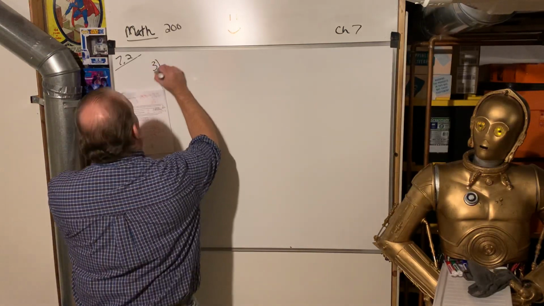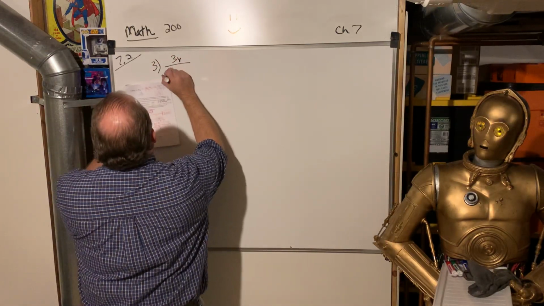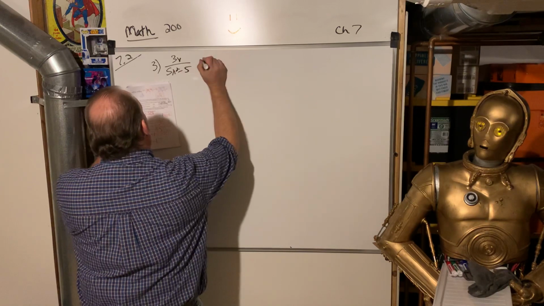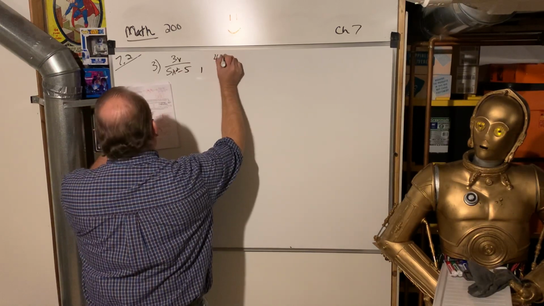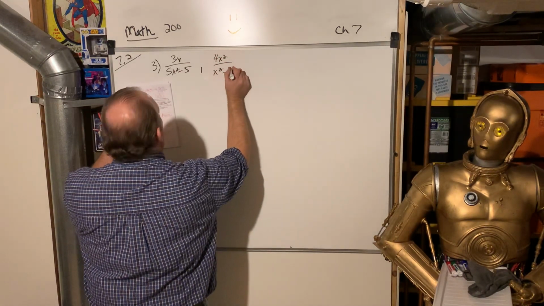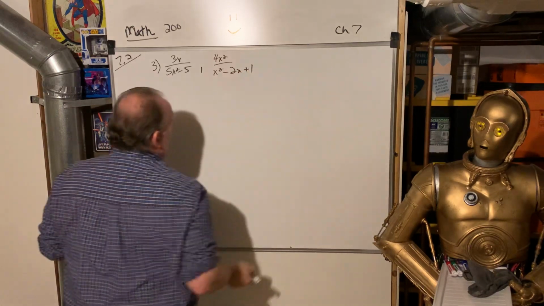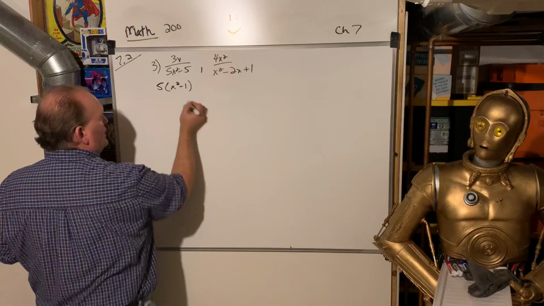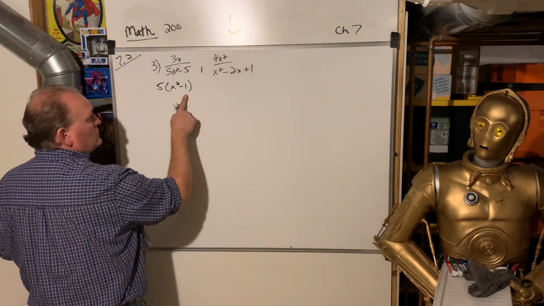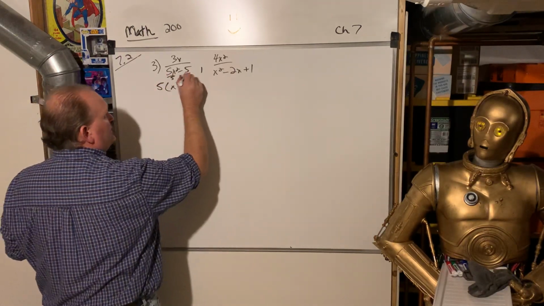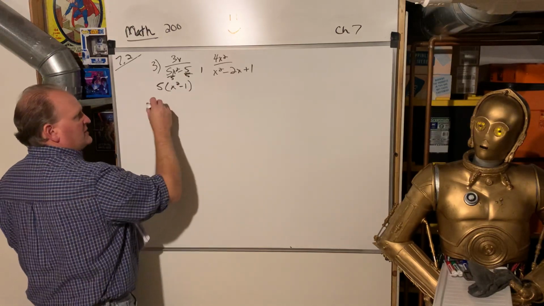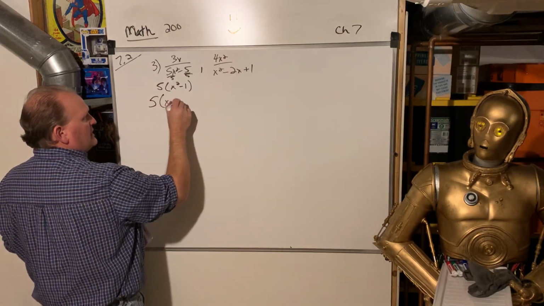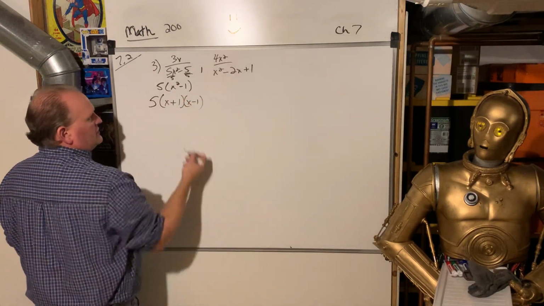So number 3, we have 3x over 5x squared minus 5, and we have 4x squared over x squared minus 2x plus 1. So this we factor out a 5, we get x squared minus 1, and then we can factor x squared minus 1 again. That is perfect square minus perfect square, so the difference of two perfect squares, x plus 1, x minus 1.